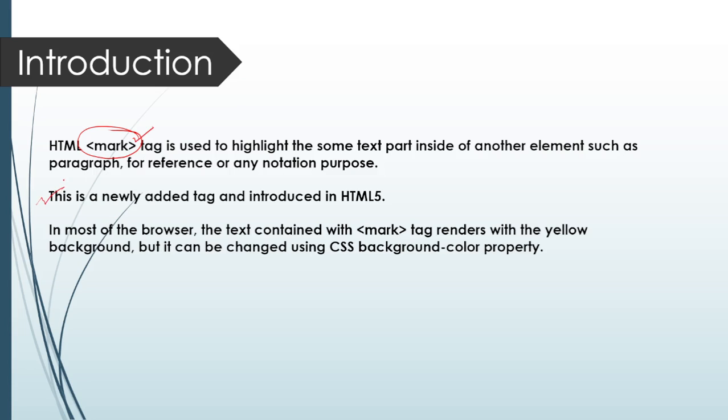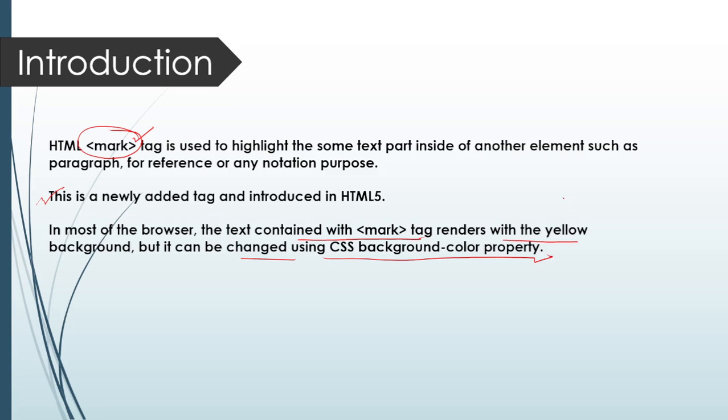This is a newly added tag, introduced in HTML5 only. So students, if you are using a previous version of HTML, you will not be able to get its output correctly. In most browsers, the text contained within the mark tag renders with a yellow background, but it can be changed using the CSS background-color property.